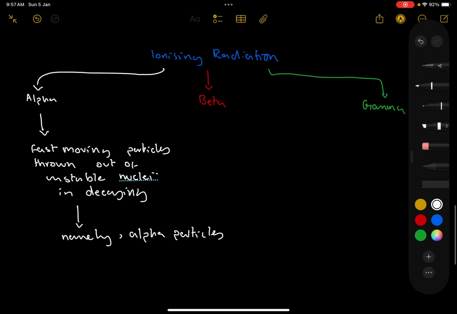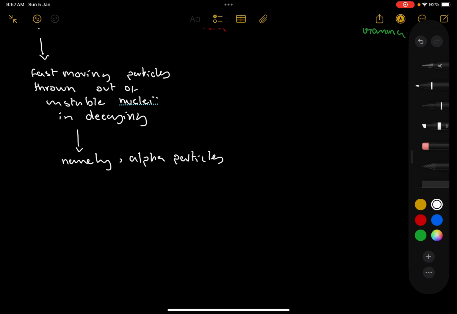Alpha particles are also known as helium nuclei. Now this might be a little bit of a confusing concept.